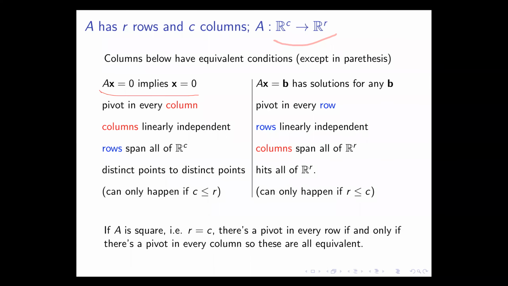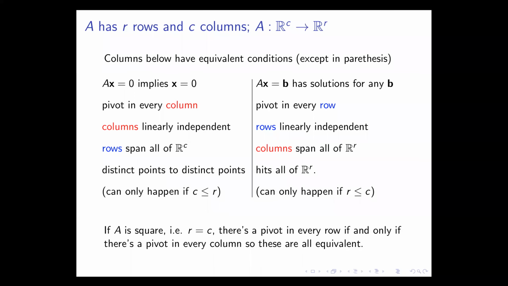So it maps distinct points in R^C to distinct points in R^R. And of course, it can only happen when C is less than or equal to R, so the number of columns should not exceed the number of rows.